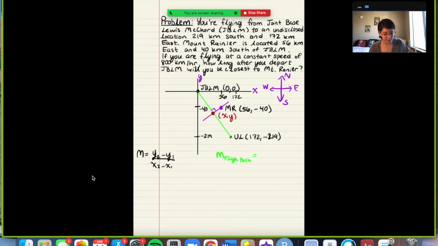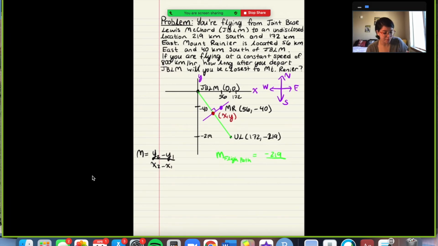So if we wanted to find our slope for the flight path, we'll take our y value for the undisclosed location, which is negative 219, minus the y value of our base, which is 0. We could write minus 0, but we know that anything minus 0 is itself, so I'll just leave it like this.